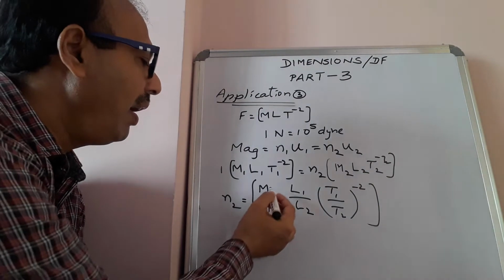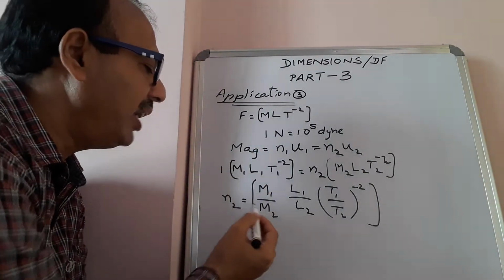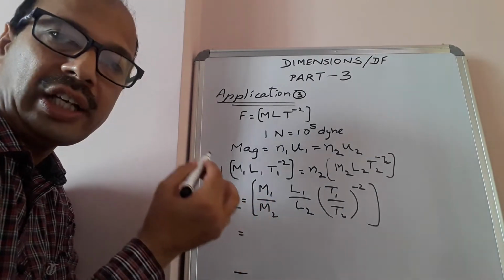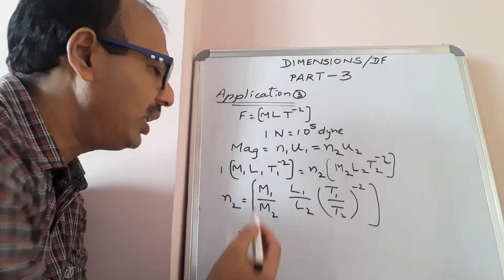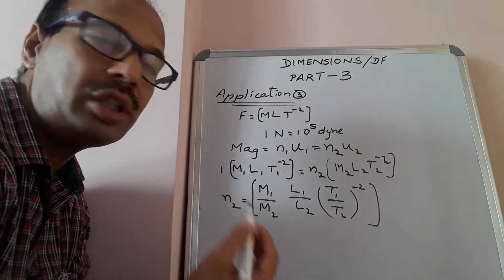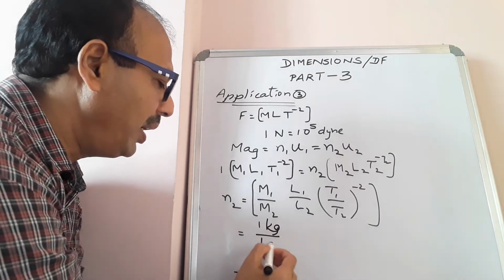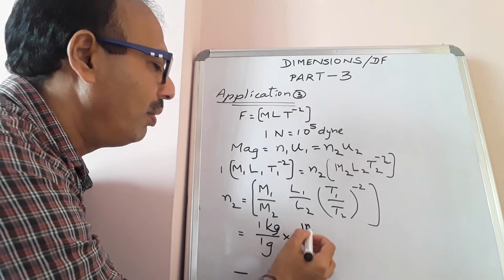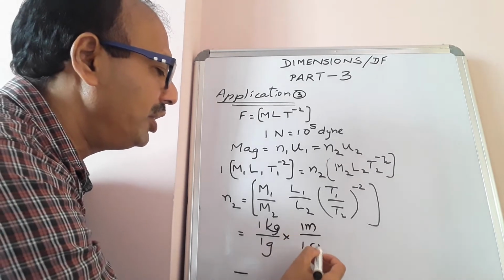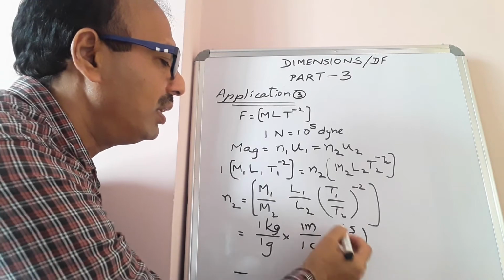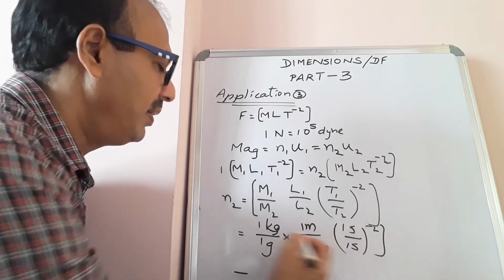Mass is 1 kg and this is 1 gram. So if you convert kg into grams, 1 kg is equal to 1000 grams. Here 1 kg by 1 gram, 1 meter by 1 centimeter, here 1 second by 1 second, they get cancelled.